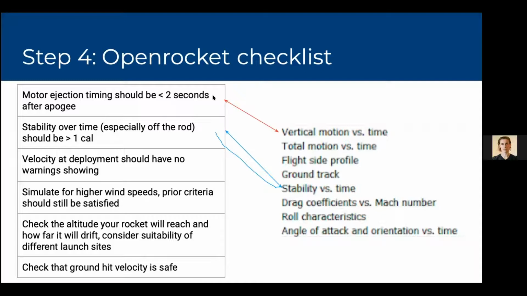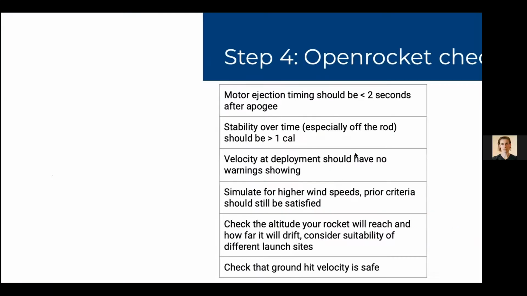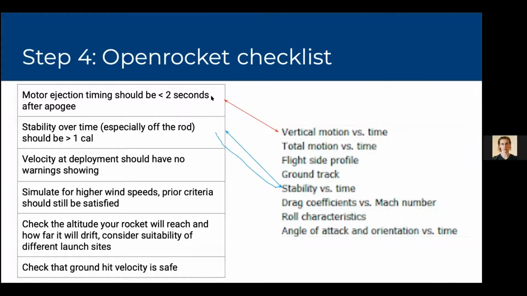Not gale force winds. This is pretty common weather, so it is definitely something you have to be prepared for. If you look up the weather, 20 to 25 to 30 kilometer an hour winds are pretty frequent. So anyway, you do need to make sure that your rocket is able to fly in different weather conditions.